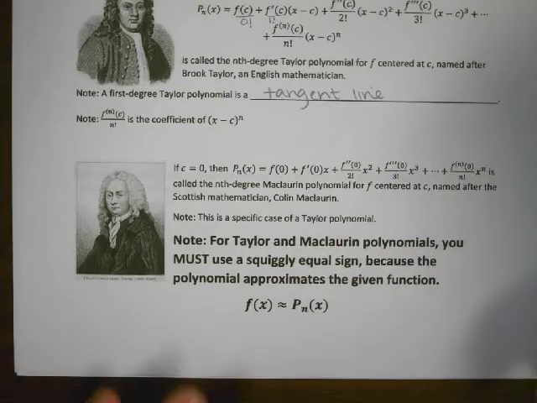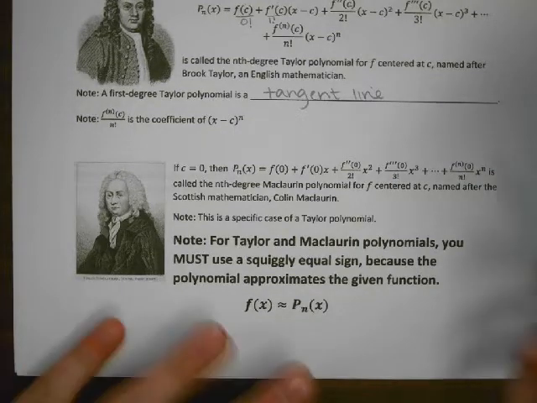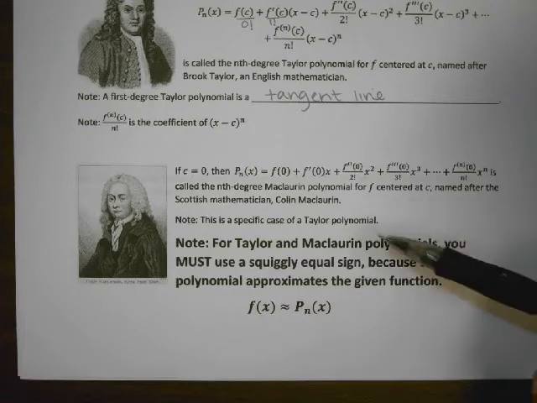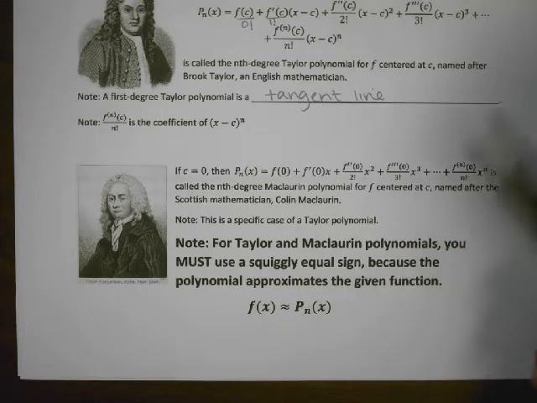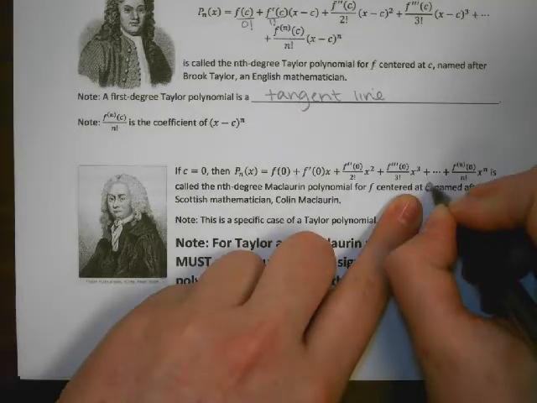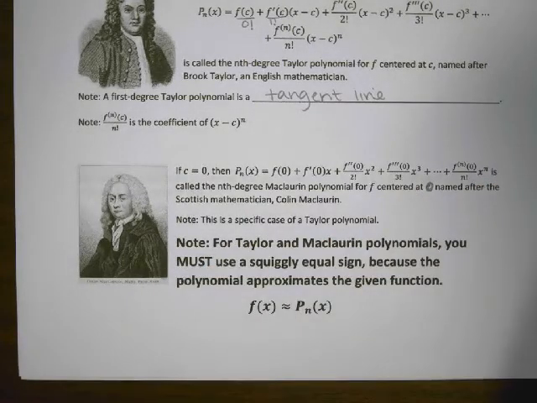And that's exactly what a Maclaurin polynomial does. So basically it's a specific case of a Taylor polynomial, and when you read this in a problem, you'll be like, oh, I just need to use x equals 0. And this should say centered at 0, not centered at C. I probably copy-pasted and missed that.